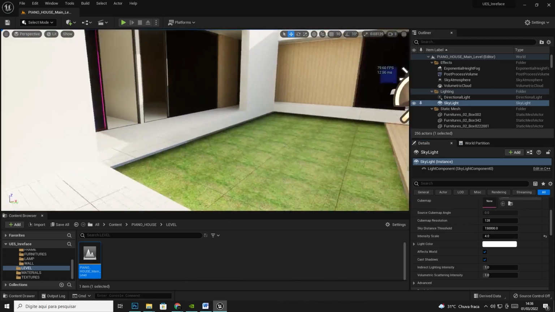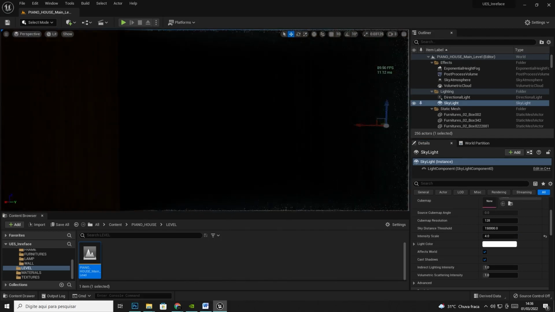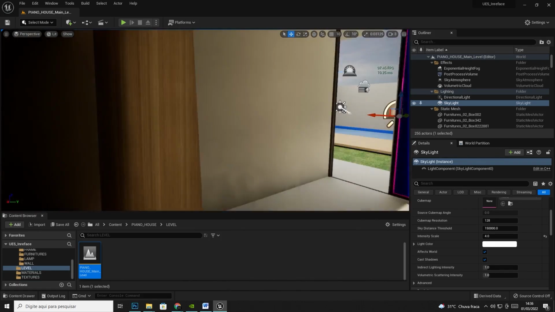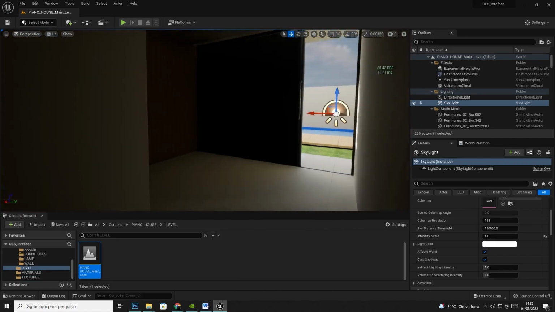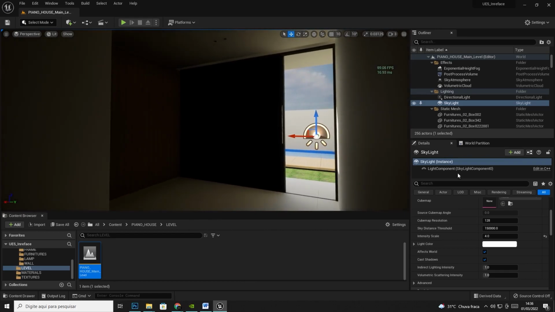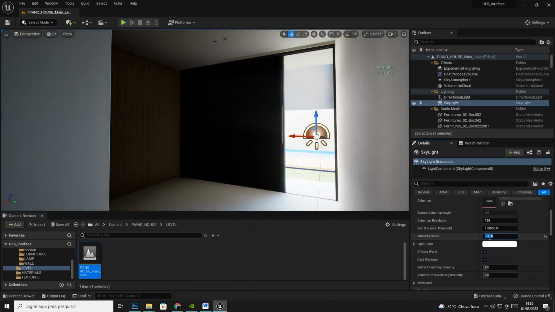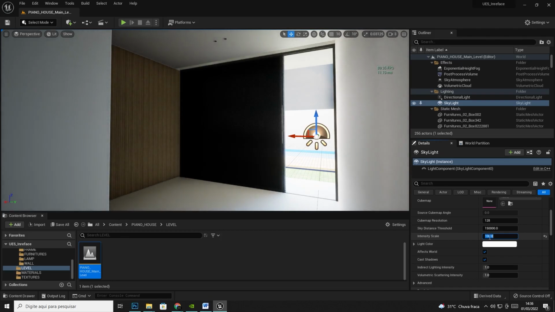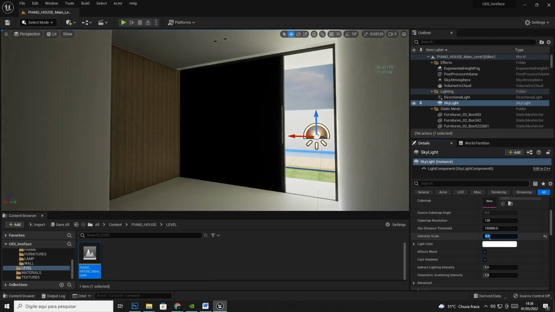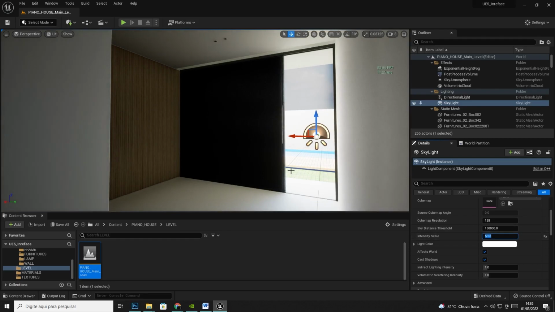Look. Let's go here. By default is 1, for 100, for 50.